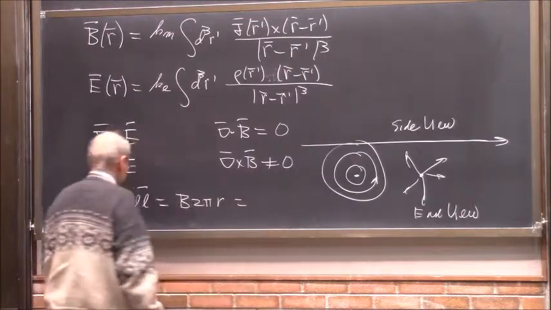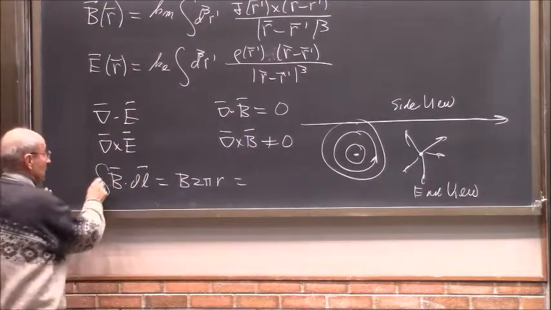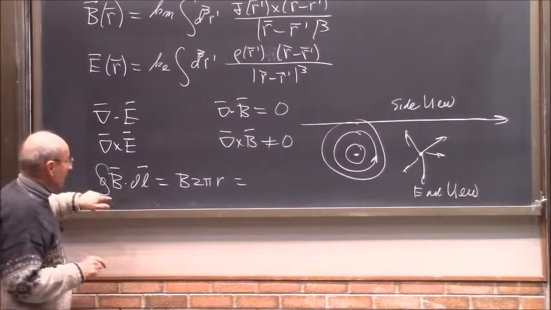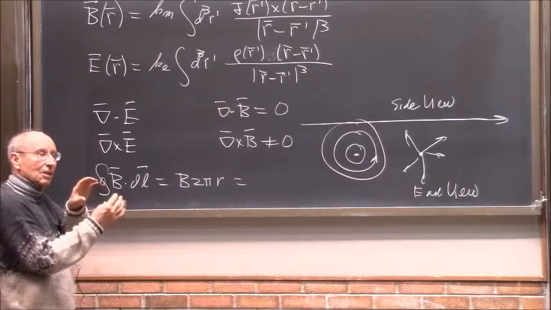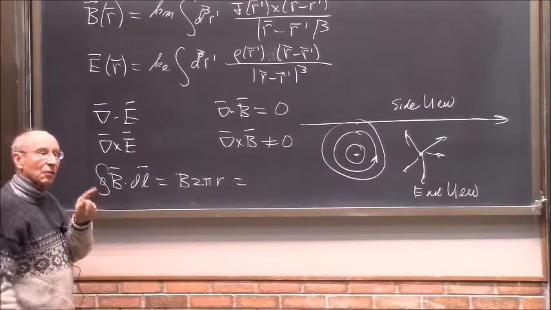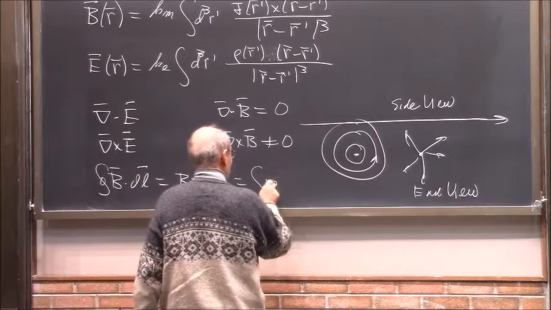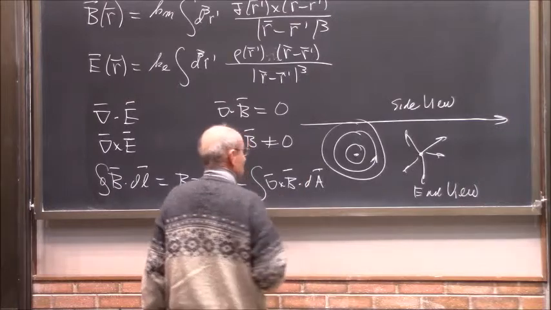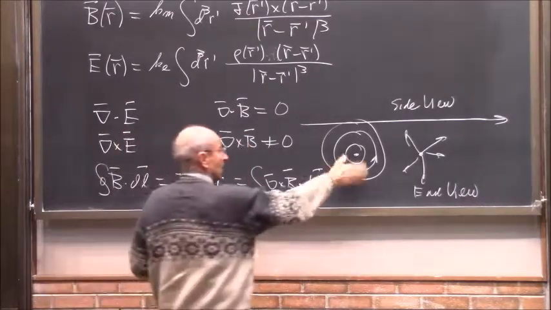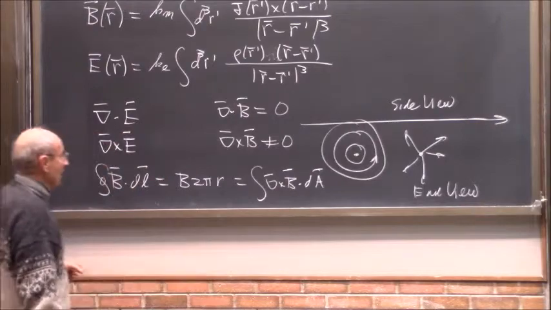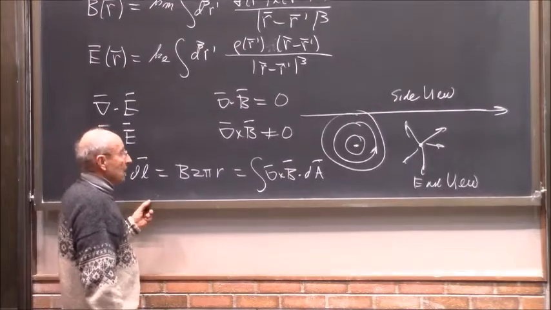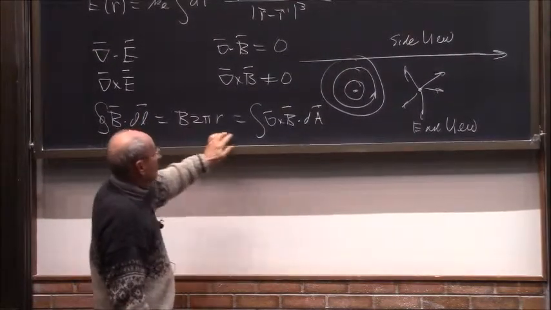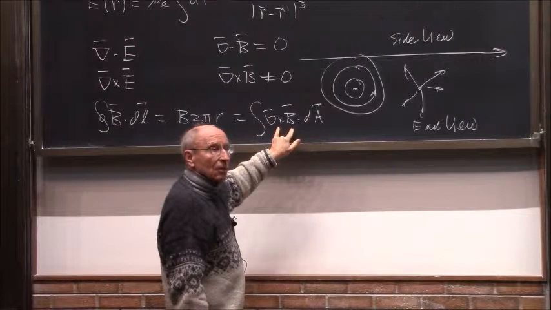But now, if we calculate that, we know from Stokes' theorem that the line integral around the loop is the same as the integral of the curl over the area. So this should be the integral of the curl of B dot dA over a cap placed over this thing. Okay? So, if we calculate B, then we ought to get an idea of what the curl should come out to be.